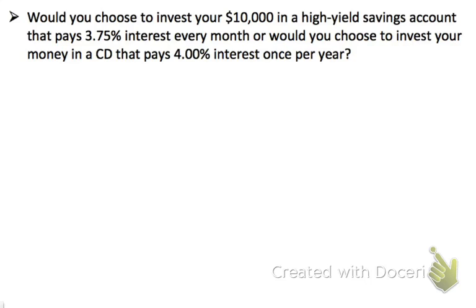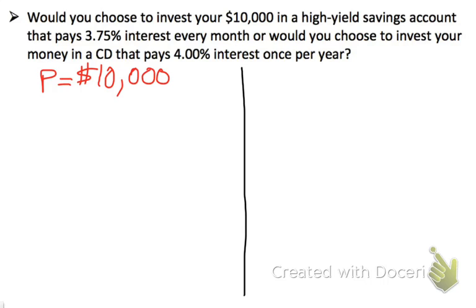So revisiting this problem, we have two situations. We'll look at both of these separately and compare the results. We are investing a principal amount of $10,000. In the first case, our annual percentage interest rate R is 3.75%, which corresponds to the decimal 0.0375.